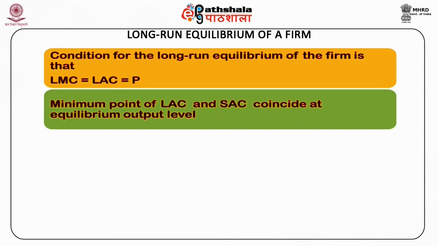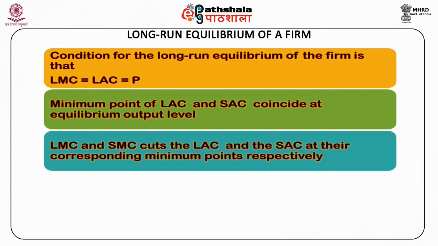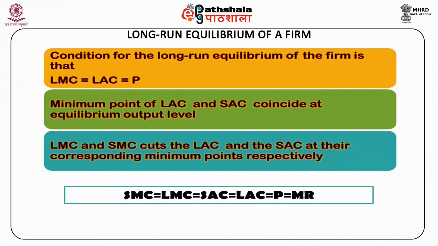At the same time, the long run marginal cost and the short run marginal cost cut the long run average cost and the short run average cost at their corresponding minimum points respectively, so that we can say that short run marginal cost is equal to the long run marginal cost, which is equal to the short run average cost, equal to long run average cost. This in turn will be equal to the price and the marginal revenue.